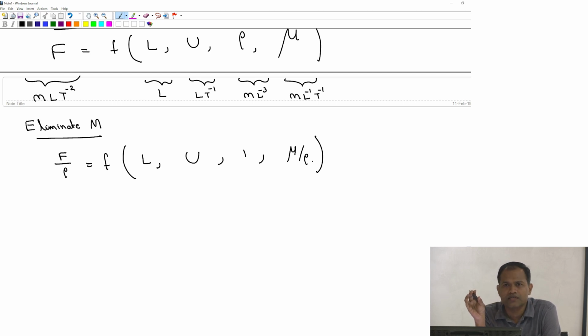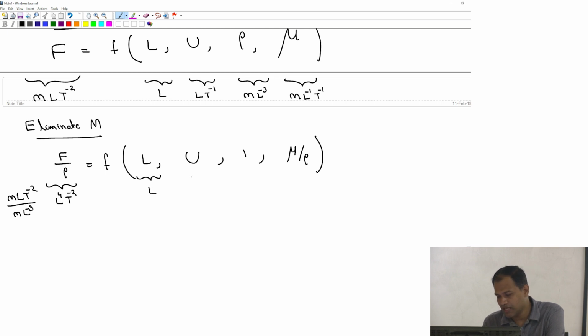Is that clear? So what is the dimension of f now? We originally had m L t to the power minus 2 and I have divided with density. So, that's m L t to the power minus 2 divided by m L to the power minus 3. So, the dimension of f by rho is L to the power 4 t to the power minus 2.